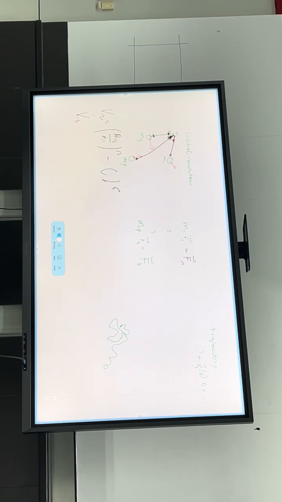The problem that we have here is that this mean field approximation does not work for chemical problems.